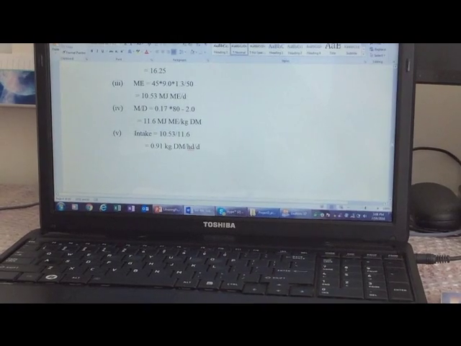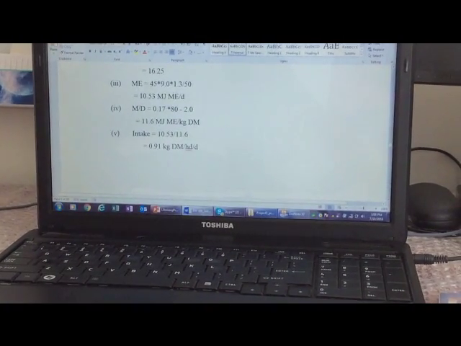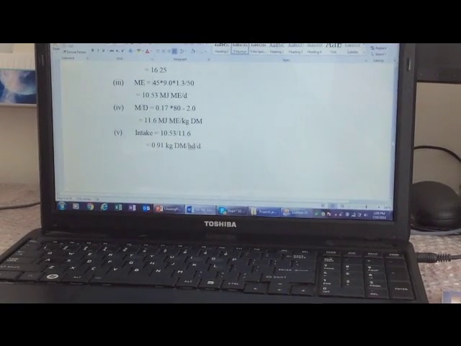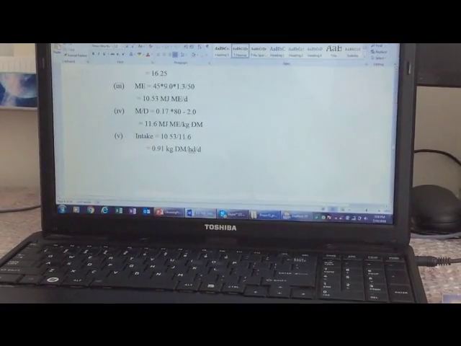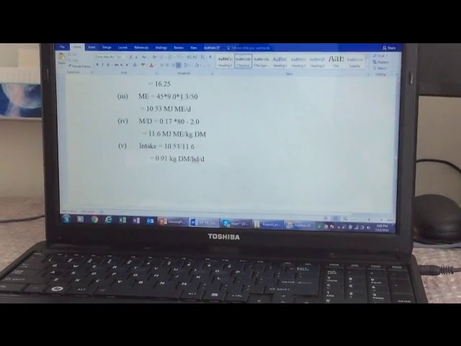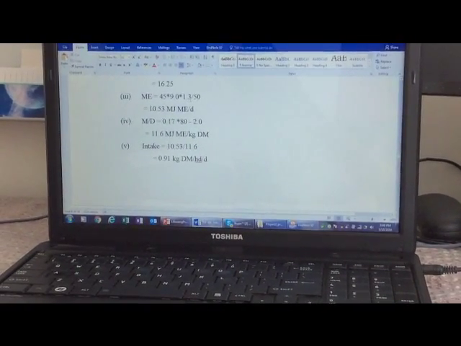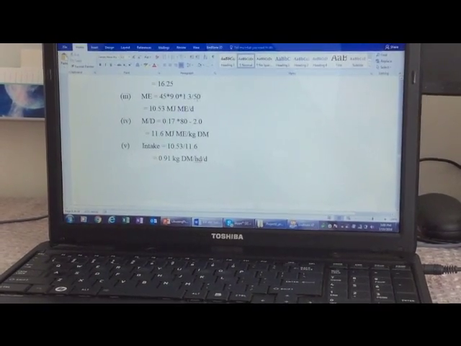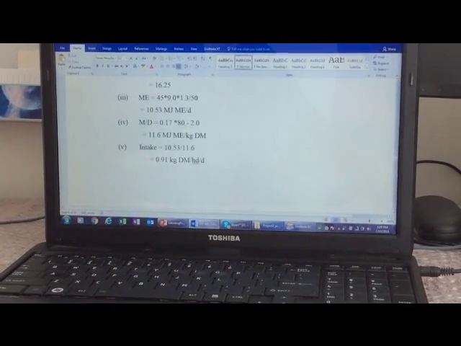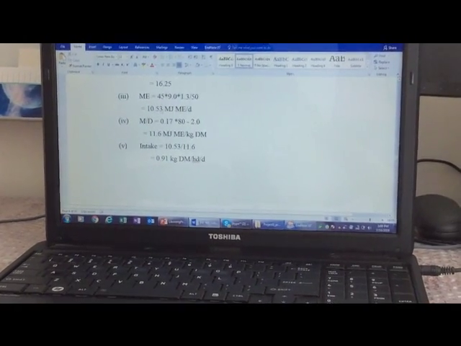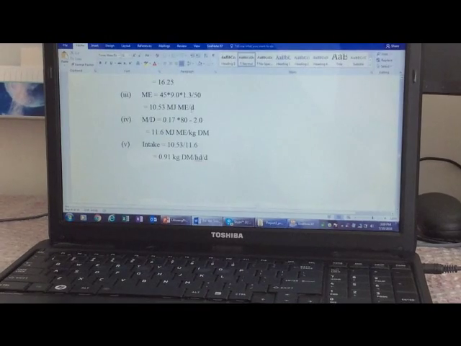Now, the ME demand for these pregnant ewes is calculated by multiplying 45 kilos, the average live weight for these pregnant ewes, by the standard ME demand for the wether, which is 9.0, multiplying by 1.3, the DSE rate for these pregnant ewes, and dividing by the live weight of the wether, and it gives us the figure of 10.53 megajoules ME per day.